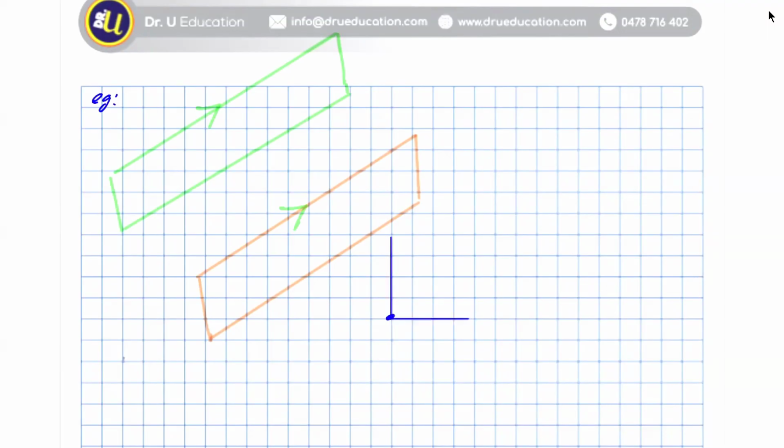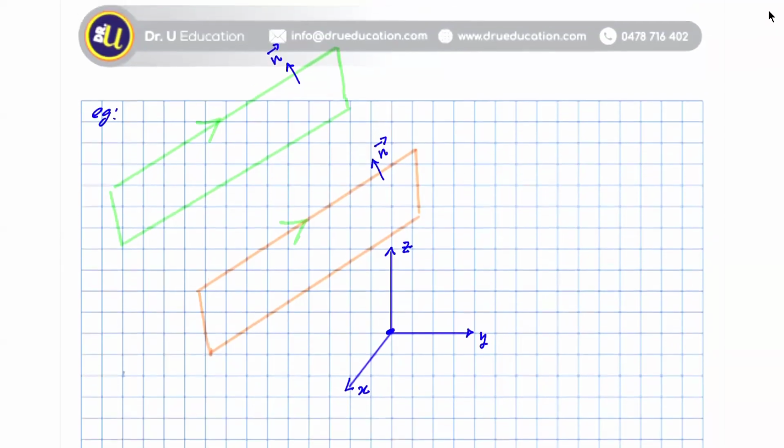Suppose your Cartesian system looks like this. Then here you get the n vector. So you get the same n vector here. Why? Because it's a parallel transformation, same n vector.